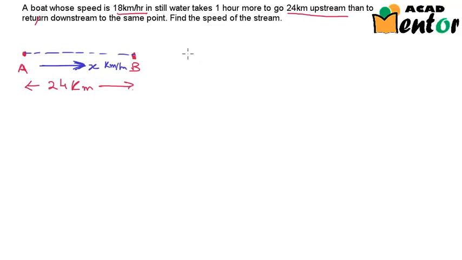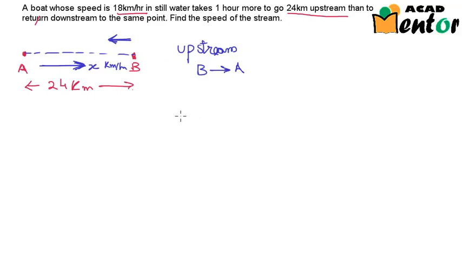When the boat is traveling upstream, that means it's traveling from point B to point A, and we can see that the direction of the arrows are opposite. Hence the stream is opposing the motion of the boat. So the speed of the boat will get reduced from the actual speed of 18 kilometers per hour.